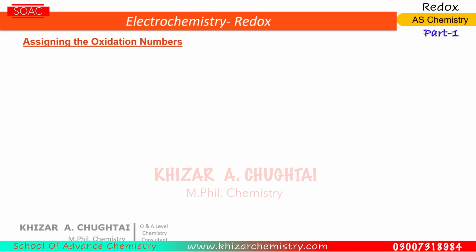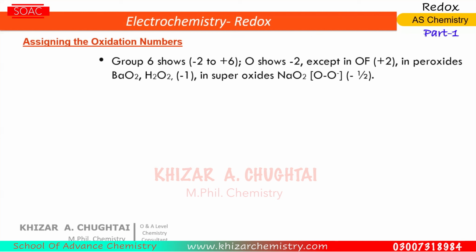The next thing is about group 6 elements. They show variable oxidation state, but I'm concerned with oxygen. Oxygen usually shows -2 in most cases. There is only one case of +2, that is OF2.